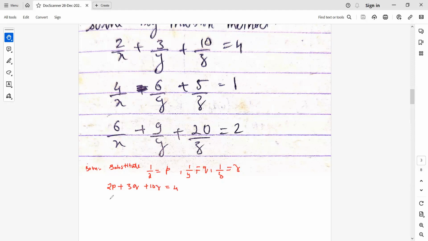Then similarly, 4p minus 6q plus 5r is equal to 1, and then we have 6p plus 9q minus 20r is equal to 2. So these are the new equations we have obtained by substituting 1 by x is equal to p, 1 by y is equal to q, and 1 by z is equal to r.